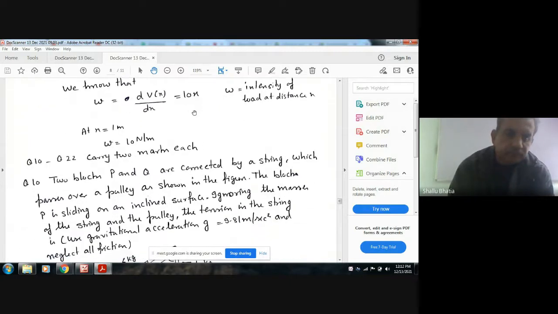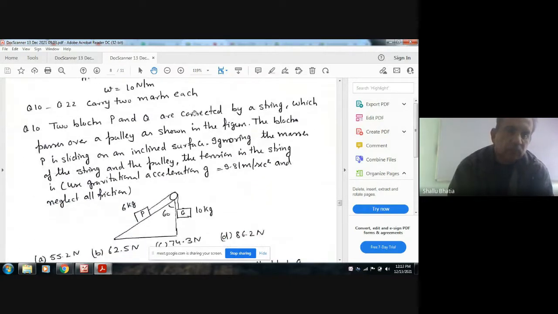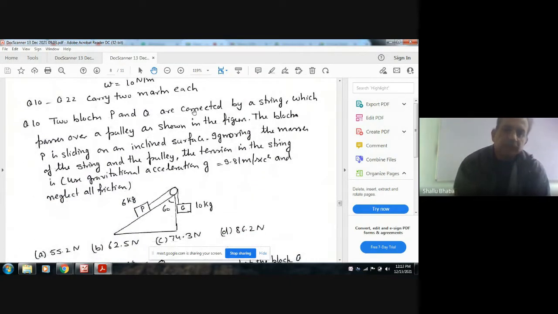Next, a 2 marks question. Two blocks P and Q are connected by a string which passes over a pulley as shown in the figure. The block P is sliding on an inclined surface, ignoring masses of string and the pulley.